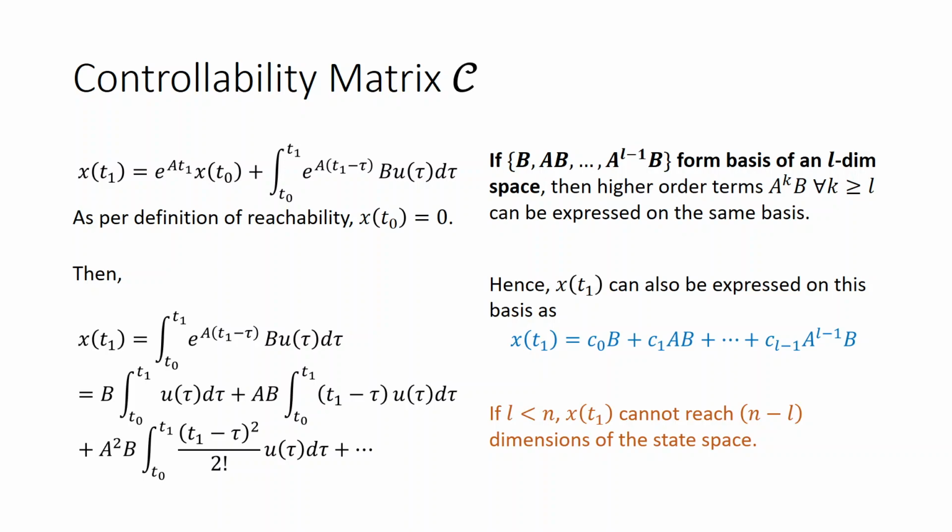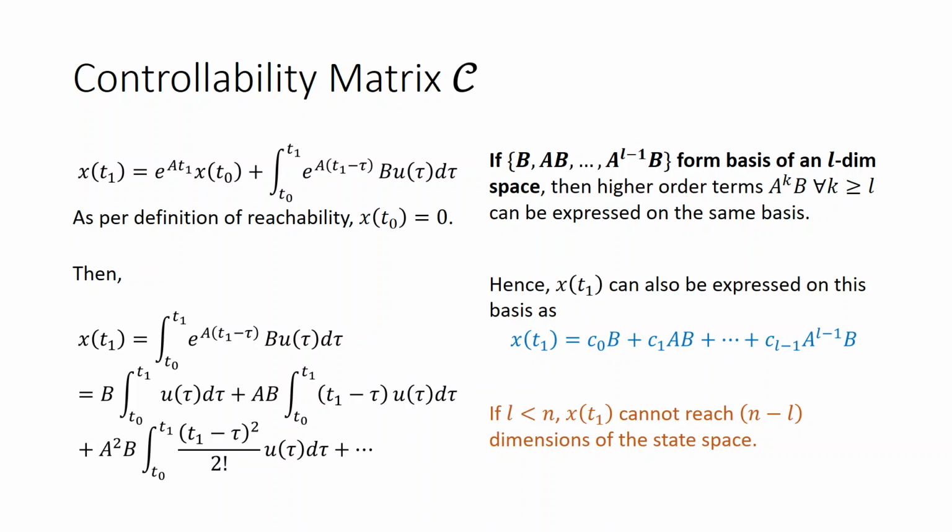So you must understand that the controllability matrix basically denotes the reachability condition, and because it is an LTI system, reachability implies controllability.